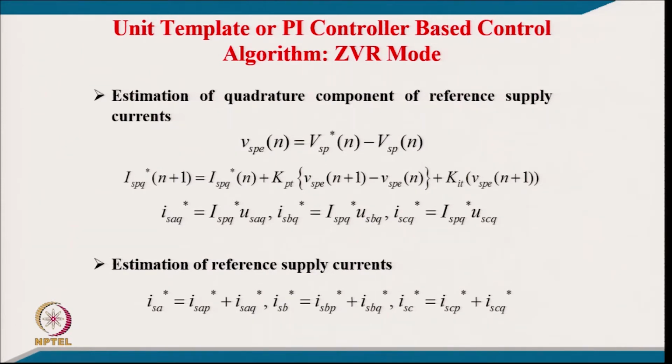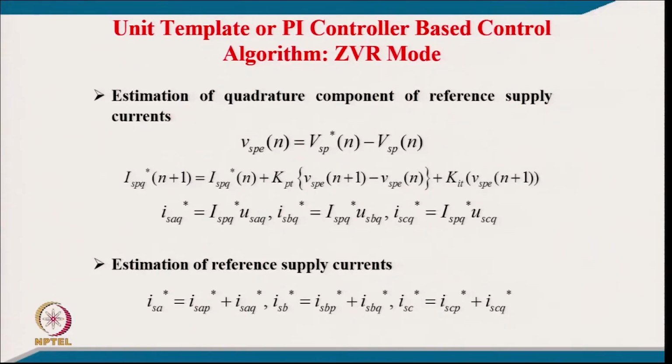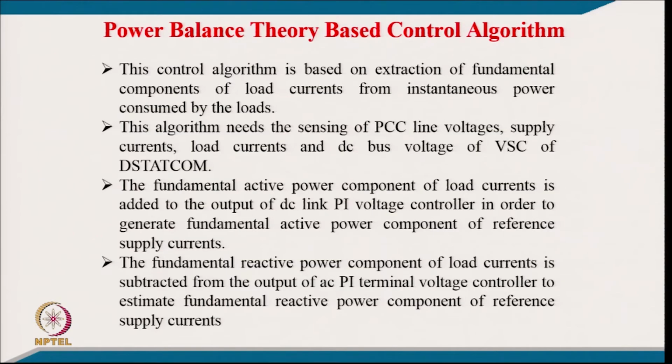The consumer will see this voltage regulated, but will not be able to see within the D-STATCOM whether the DC link voltage is slightly more or less, but you have to operate the D-STATCOM very satisfactorily. So, this completes the unit template based control algorithm, the first control algorithm for power factor correction and voltage regulation.